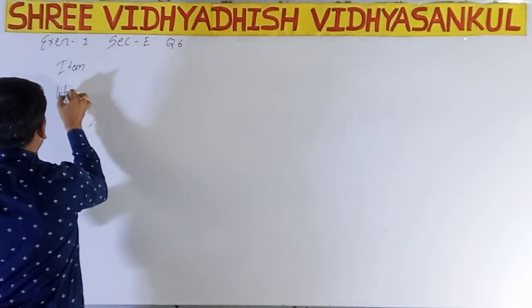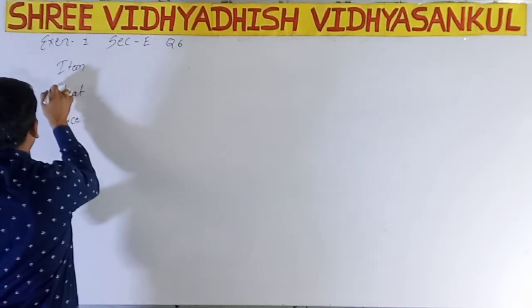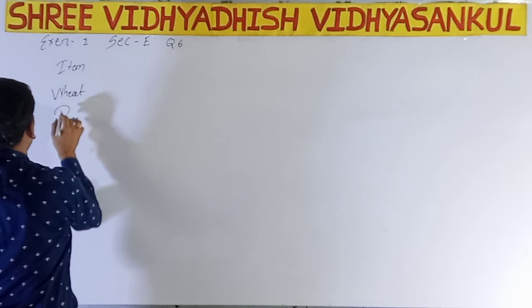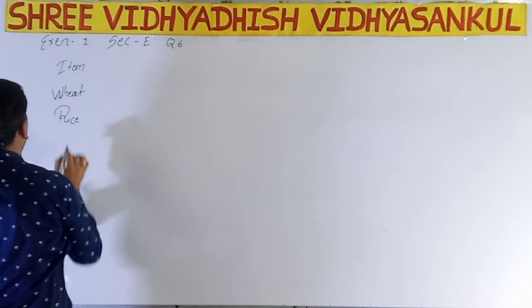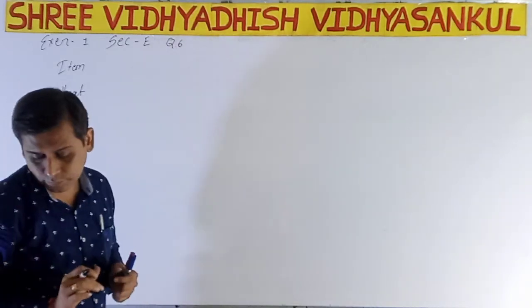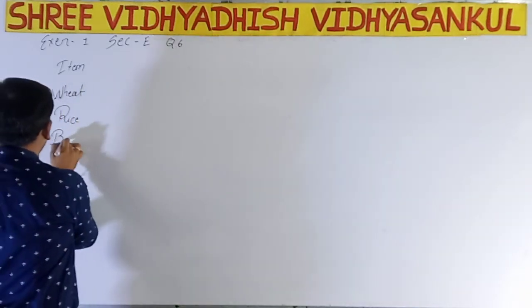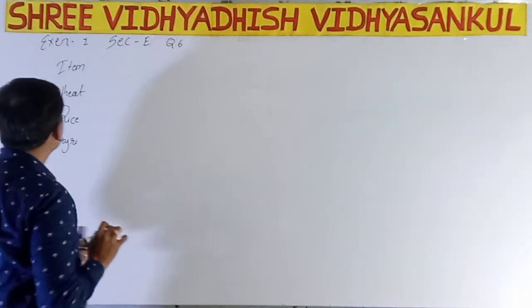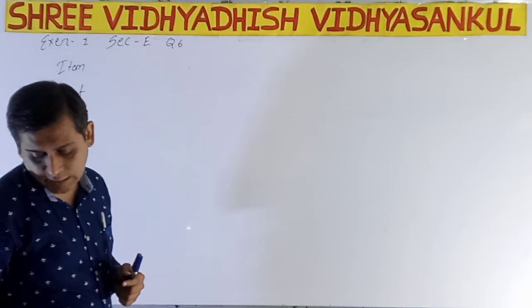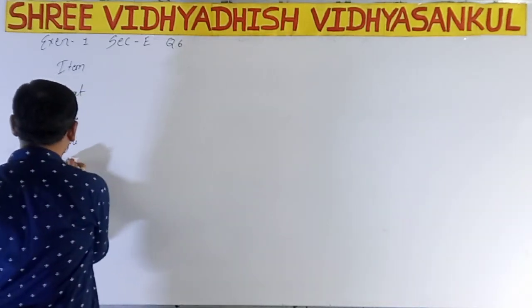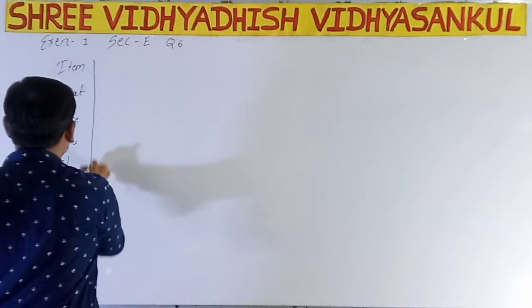First one is wheat, then rice, then bajri, then oil, and the last one is ghee. Here the items are there.